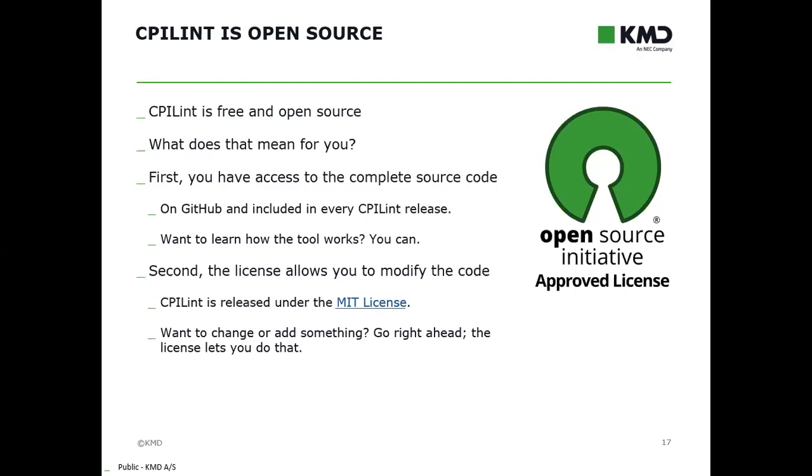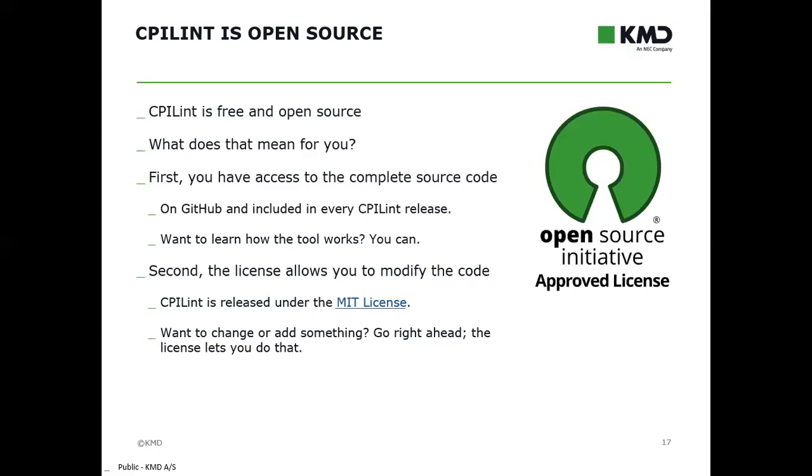Second, and more importantly, the license allows you to modify the code as well. The open source license is basically what determines what you can do with the code and what you cannot do. And CPILint is released under the MIT license. And unlike many other open source licenses, MIT is very short, it's very straightforward.